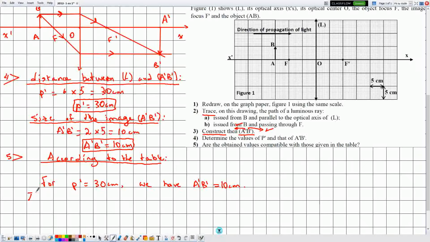Then the obtained values are compatible with those given in the table.